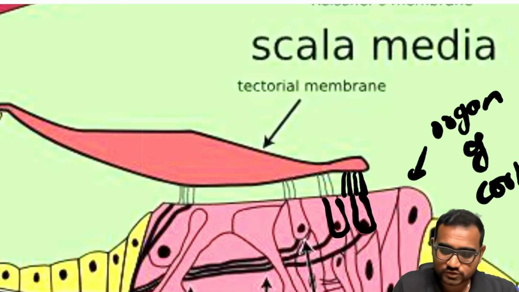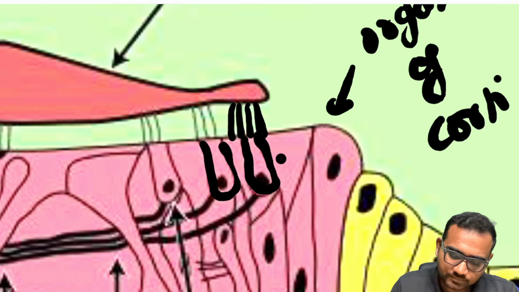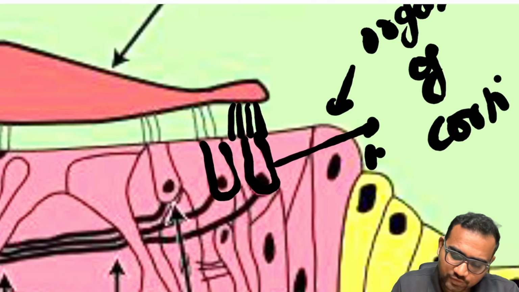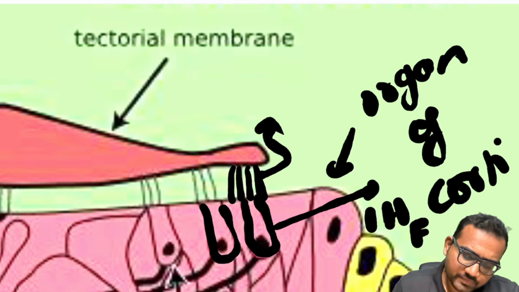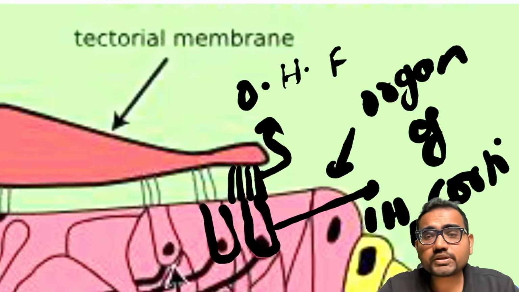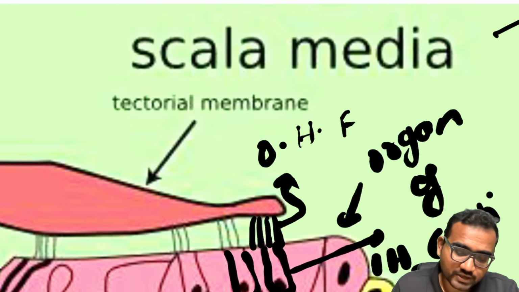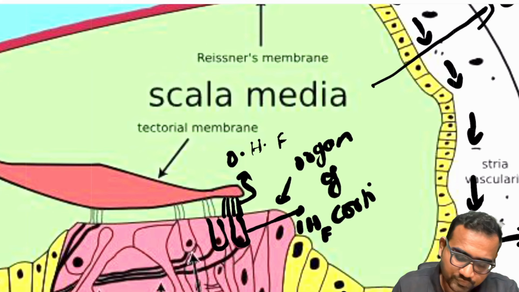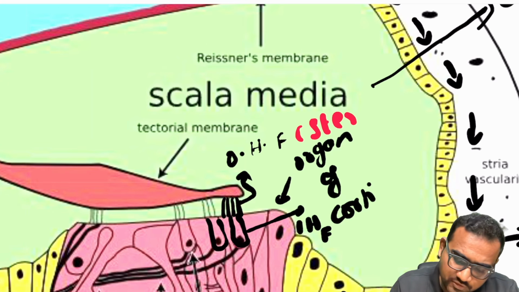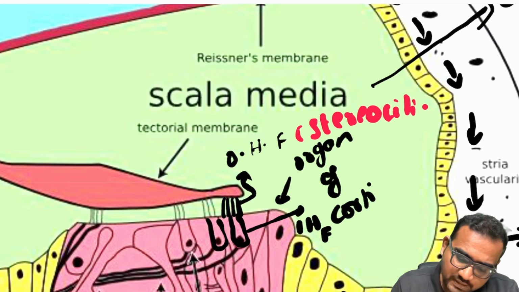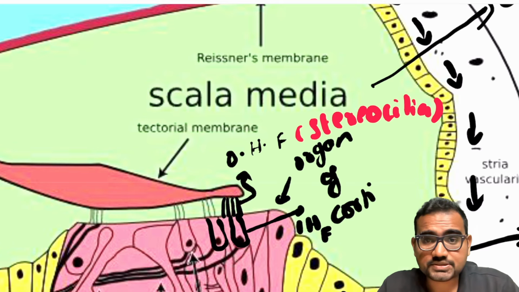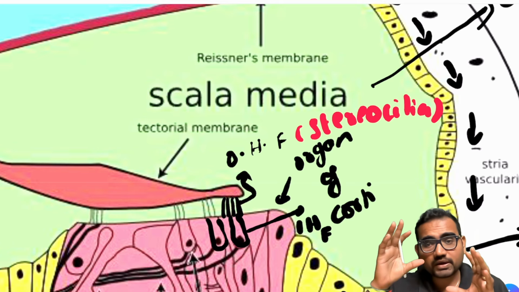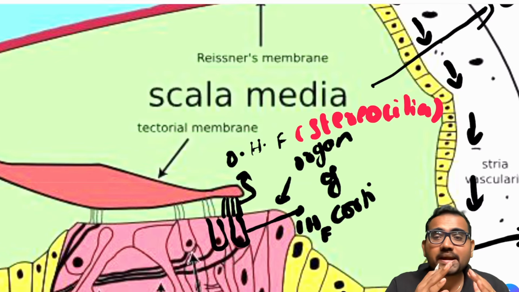We have two types: the inner hair cells and the outer hair cells. The outer hair cells are also called the stereocilia. You would have heard of it, right? Stereocilia. Once the vibration is received, these hair-like structures start to bend.